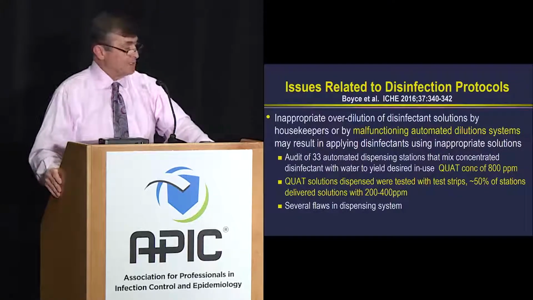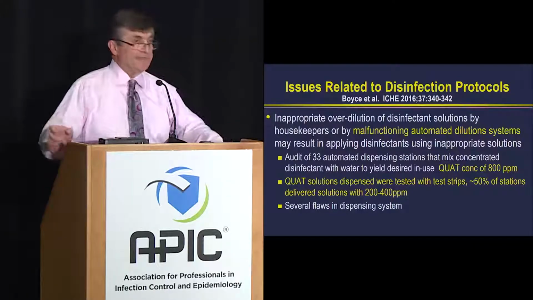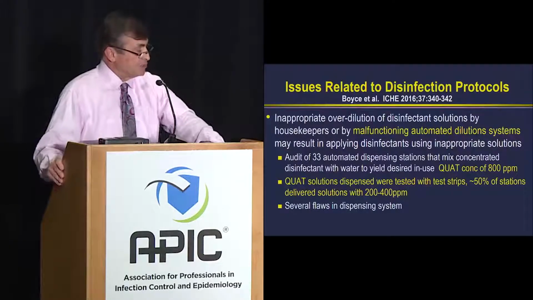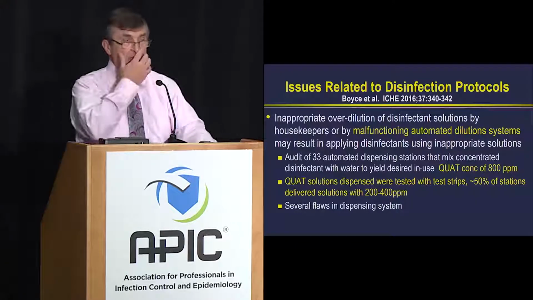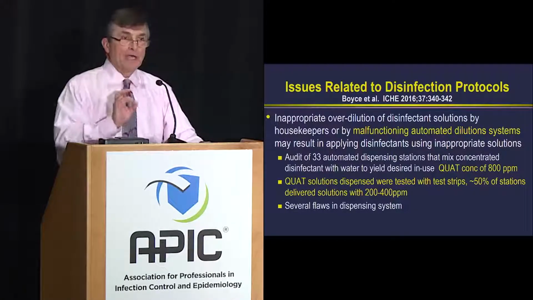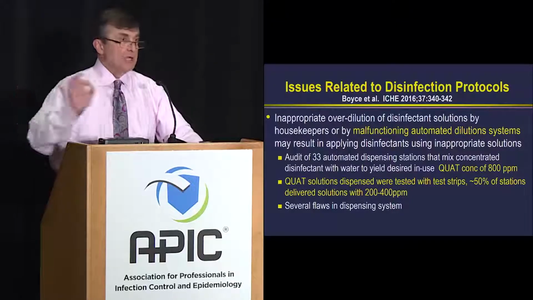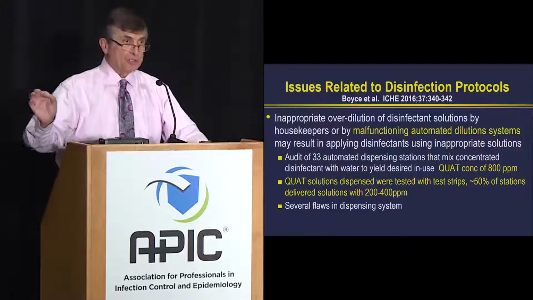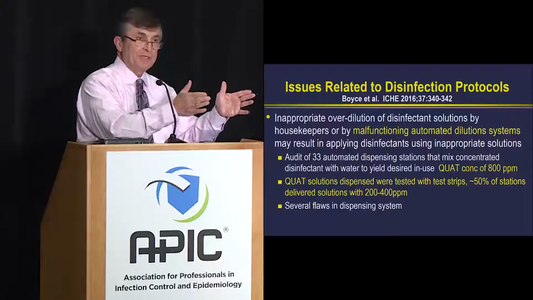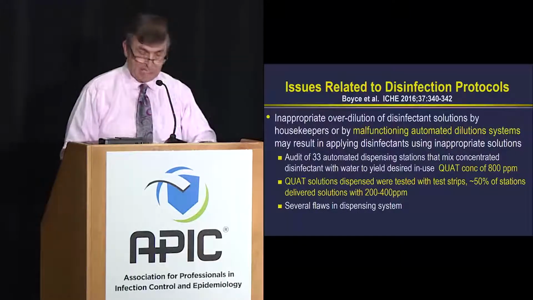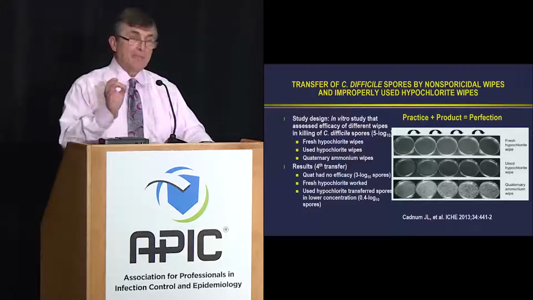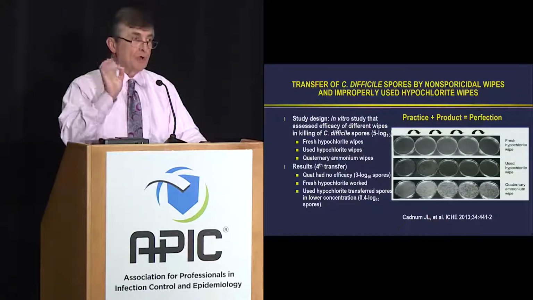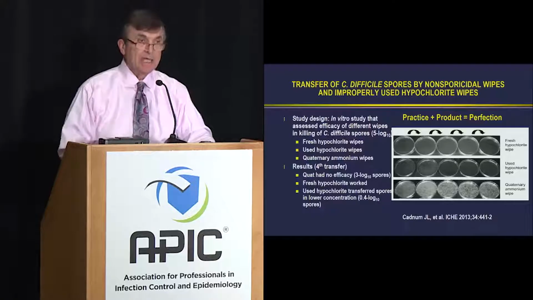They did an assessment using test strips, and they found 50% of the stations delivered solutions with 200 to 400 parts per million. That's one of the problems, of course, with diluting, and of course that is over-dilution. When you over-dilute, of course, you don't have a microbiocidal activity associated with your product, and of course, maybe what you're doing is just spreading microorganisms around, and possibly microorganisms are growing in that over-diluted solution, and that has been shown by various studies.